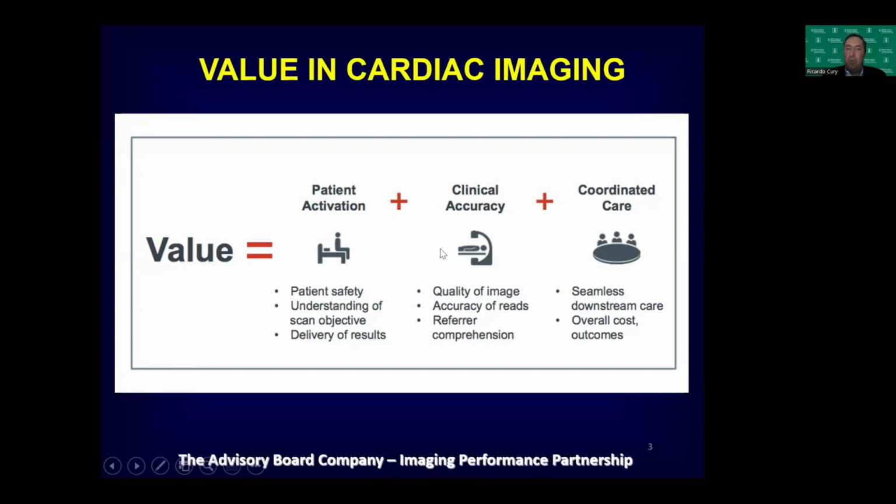The second component is clinical accuracy, which is the quality of images, the accuracy of the reads, and comprehension of the report by the referring physician. And then coordination of care: how the results of any imaging study will impact coordination of care downstream, testing, cost, and outcomes.